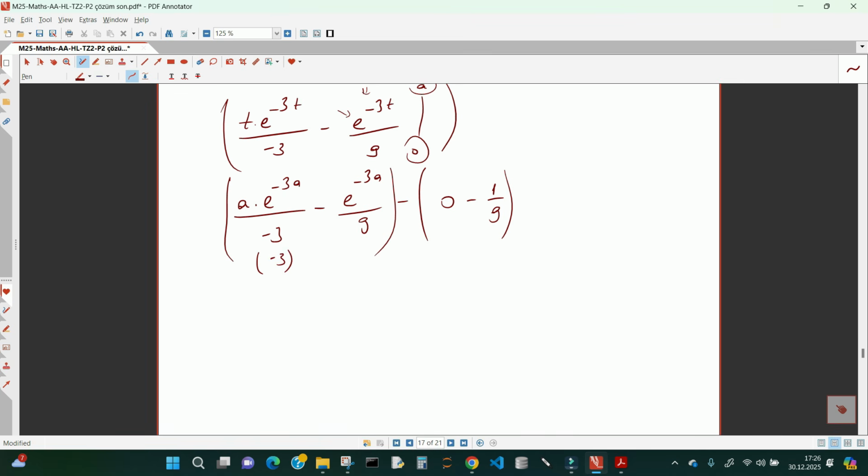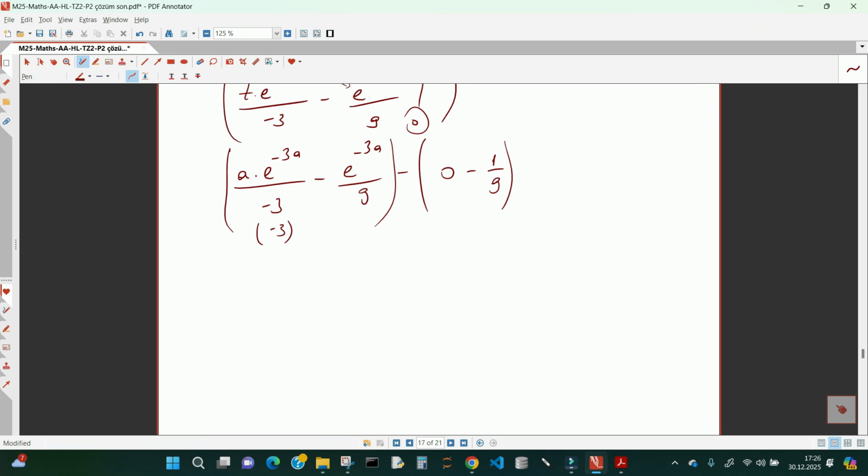So I will multiply the first fraction by minus 3, and 1 over 9 is a common factor. In parentheses, you can write a times e to the power of minus 3a, and minus, let's say, e to the power of minus 3a, and plus 1, right?